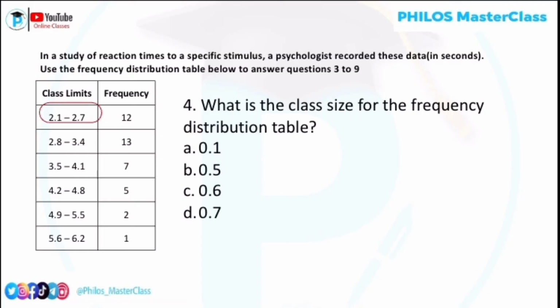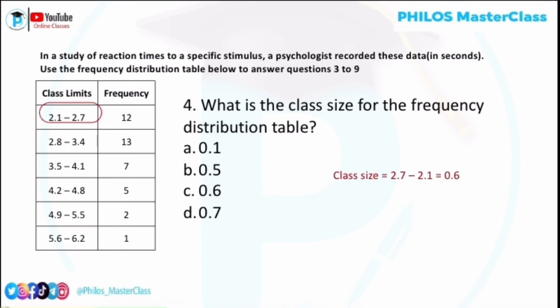Let's take the first class for instance. When we take the upper and the lower and we find the difference, that is 2.7 minus 2.1, we get 0.6. If you go to the second class and you do same, 3.4 minus 2.8, you get that same 0.6. Go to the third class, 4.1 minus 3.5, you get that same 0.6.